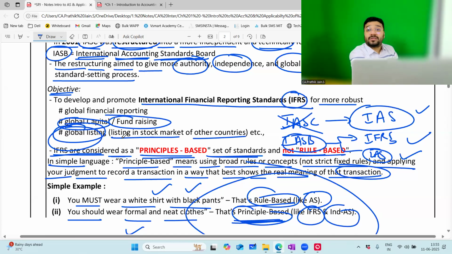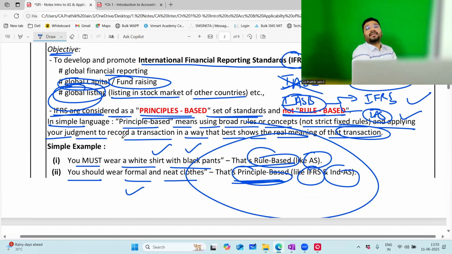So back in those days, companies like Infosys and others had to prepare the financial statements in two formats. One as per accounting standards and one more as per IFRS. Two times they prepared the financial statements.